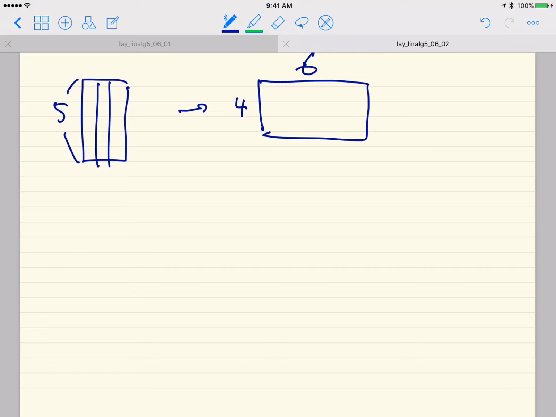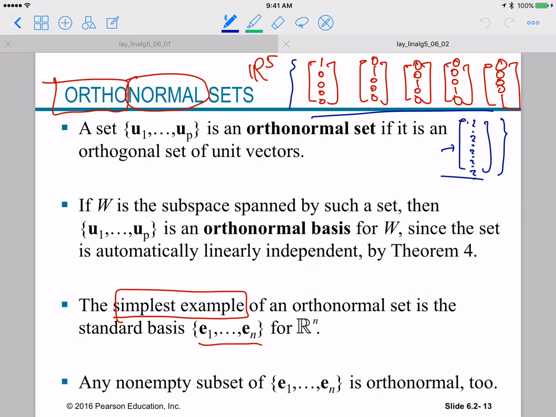So if your vector set is orthogonal or orthonormal, the matrix should be really tall and skinny, or of course, a square matrix.